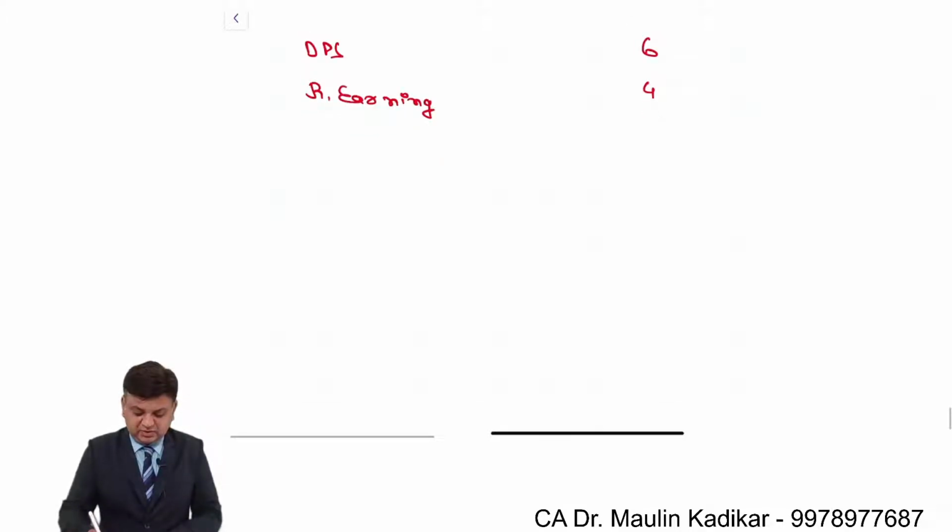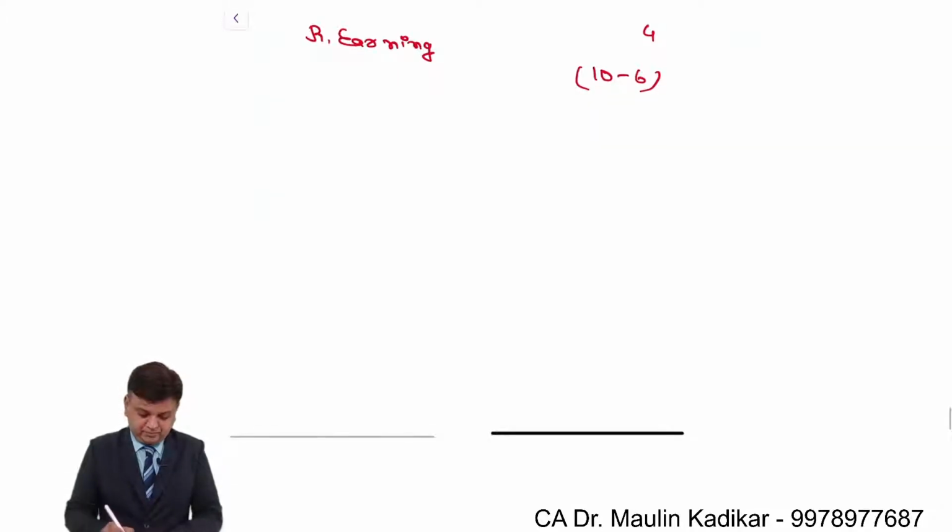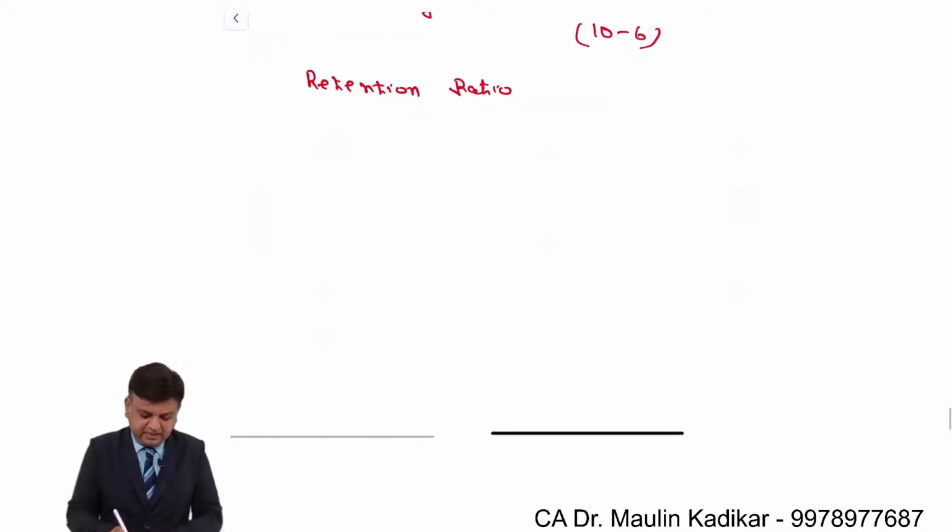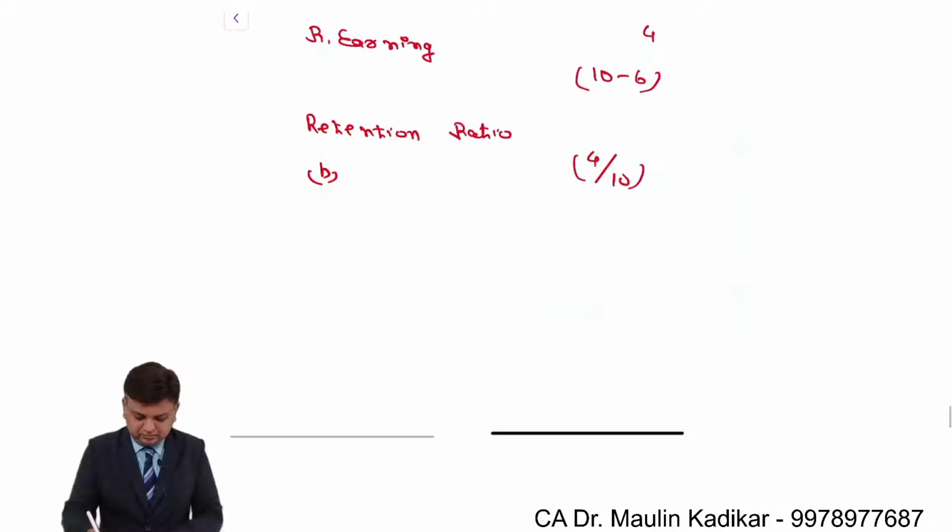How 4 is calculated? 10 minus 6. Retention ratio, B, it is 4 upon 10, that is 0.40.